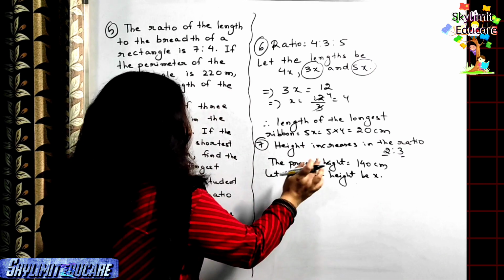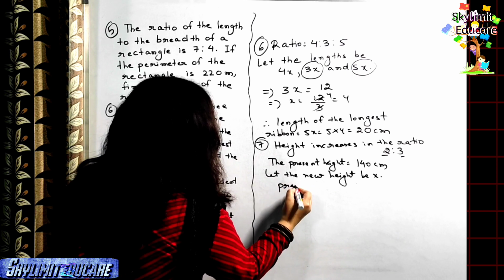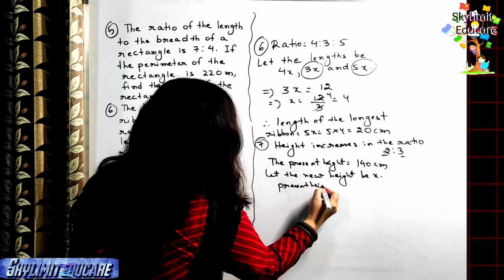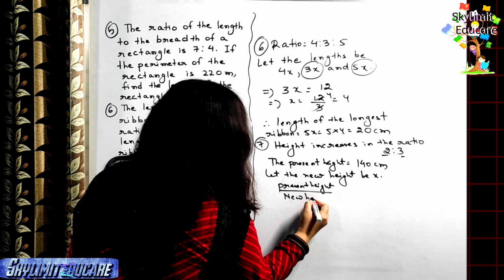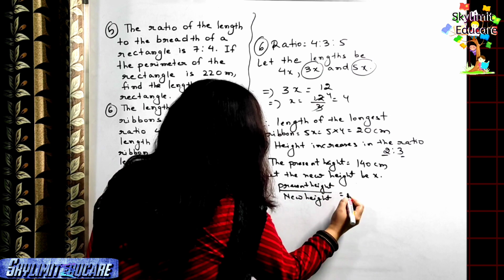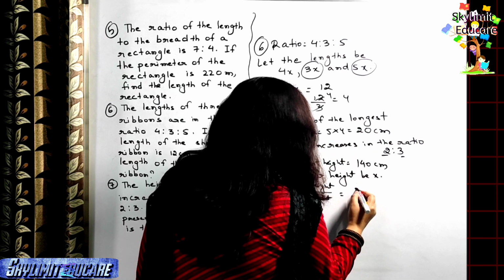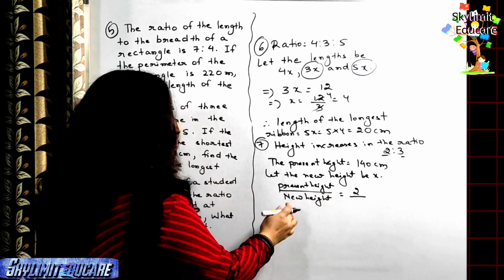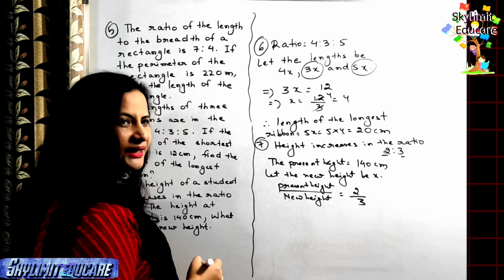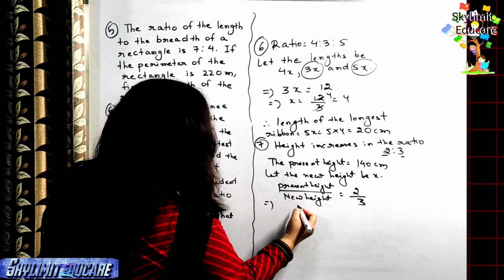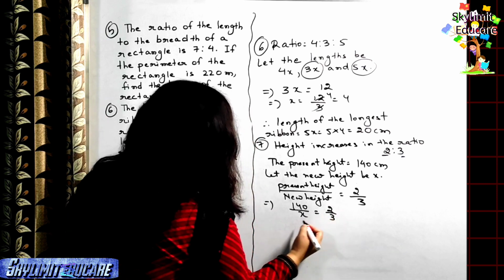So the present height by new height. Present height is represented by 2 because present height is less. New height is more, so it will be represented by 3. Clear? So now present height is 140, new height is x, that is equal to 2 by 3.